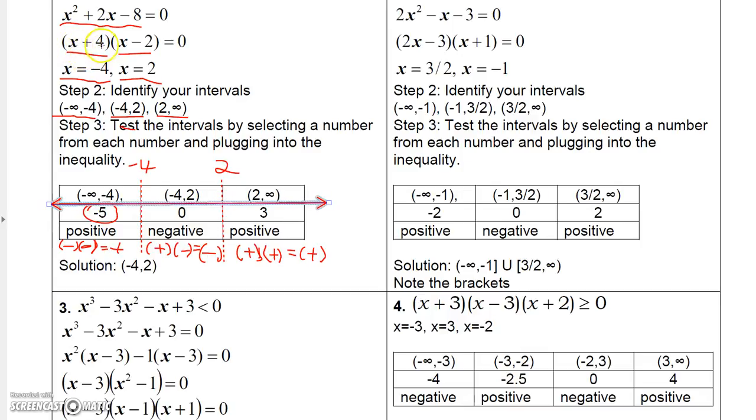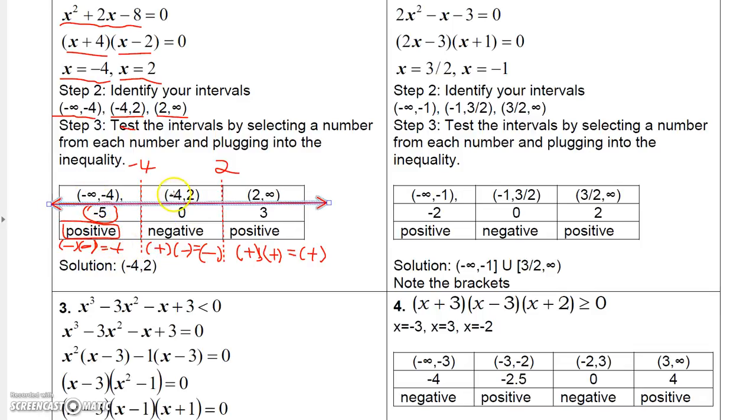Notice down below I wrote, that gives me a negative. So I have negative 5 plus 4, which is a negative number, and then I have negative 5 minus 2, which is also a negative number. So if I were to multiply those two factors together, I'd have a negative times a negative, which is positive. So I know that that interval is going to give me positive values. So all the values in this interval will yield positive values.